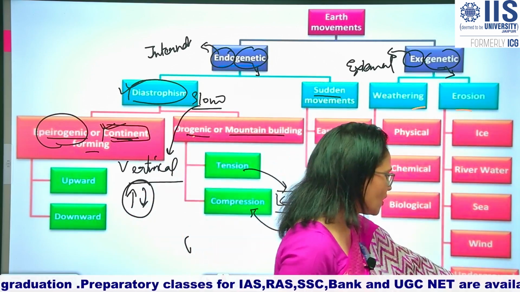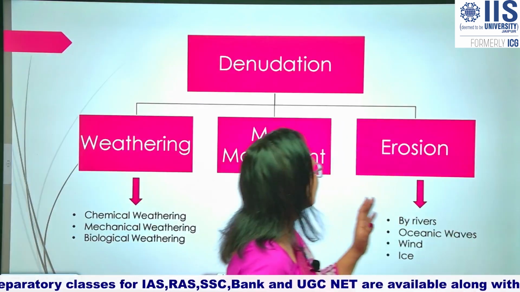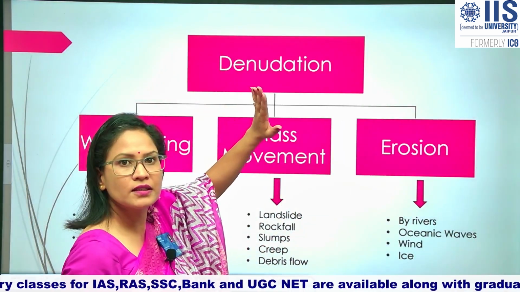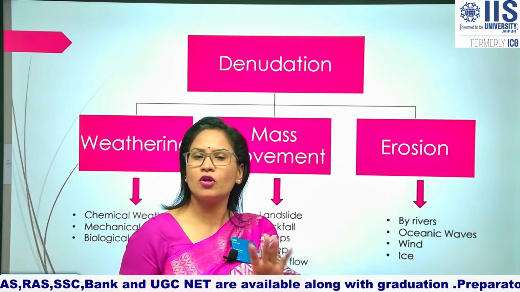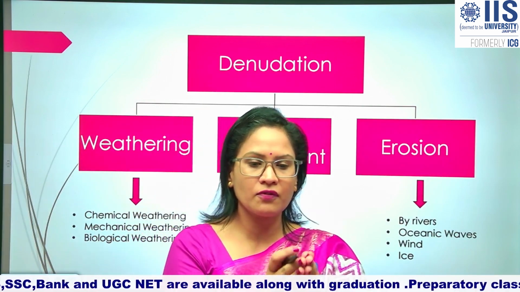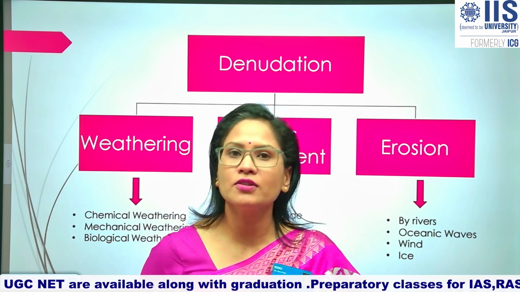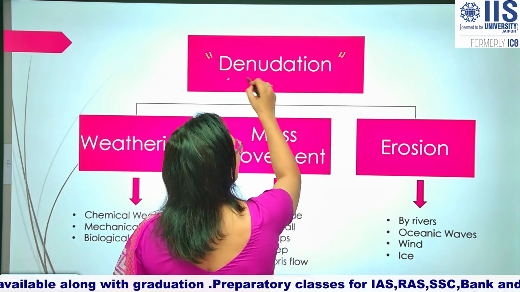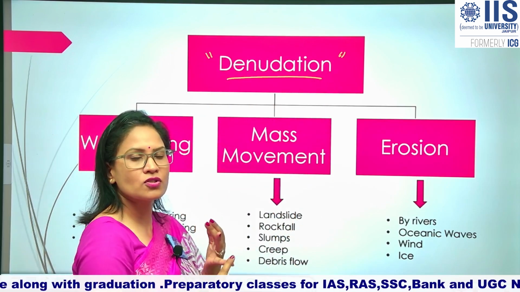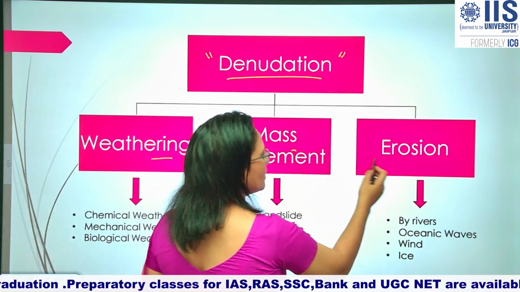Right now, here we have denudation. This term is very popular in competitive exams: define or elaborate or illustrate the term denudation. What does it mean? Denudation consists of three different activities: weathering, mass movement and erosion.